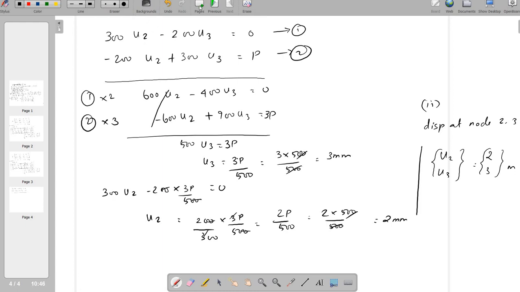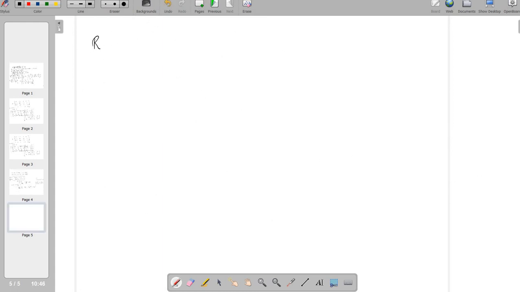Next, the third subdivision, that is the reaction force at 1 and 4. Take the first row of the global stiffness equation, that is 100 U1 minus 100 U2 is equal to F1.